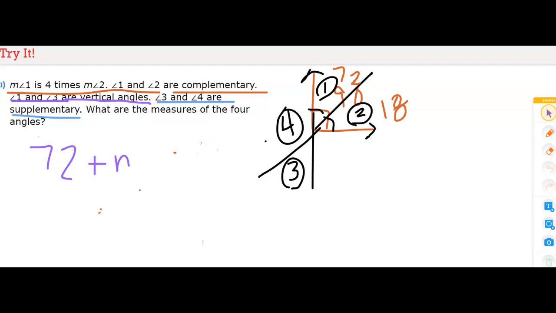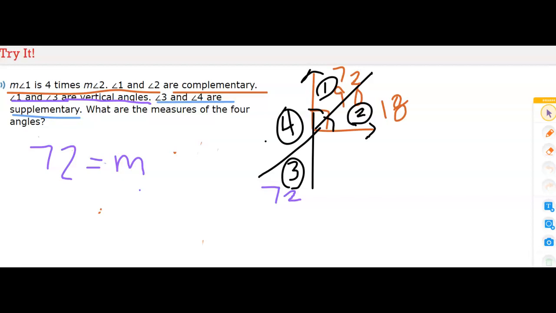We don't know angle 3. I'm going to make it an M again. The vertical angles are not added, but they're going to be equal to each other because vertical angles are supposed to be equal. So if angle 1 is 72, angle 3 must also equal 72.